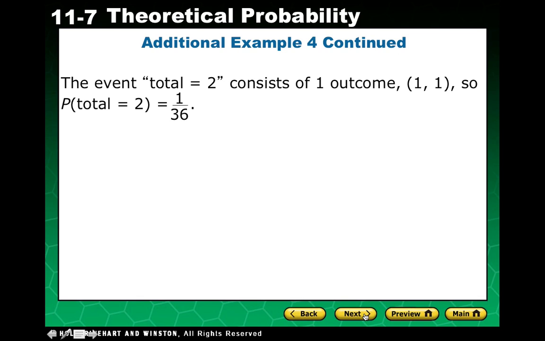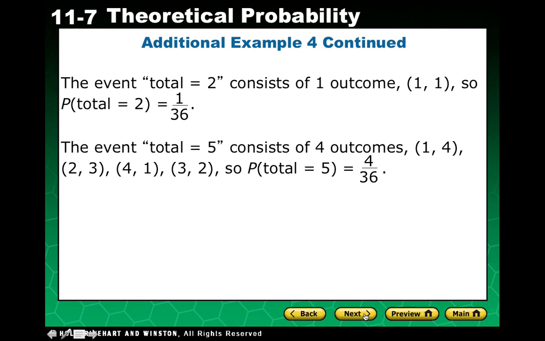The event where the total equals 2 consists of one outcome. You have 2 number cubes. There's only one way to get a 2, and that would be rolling a 1 on both number cubes. And there's 36 total possibilities, so that's 1 out of 36. To win, it would be a total of 5. There are 4 different outcomes: rolling a 1 and a 4, a 2 then a 3, a 4 then a 1, a 3 then a 2.